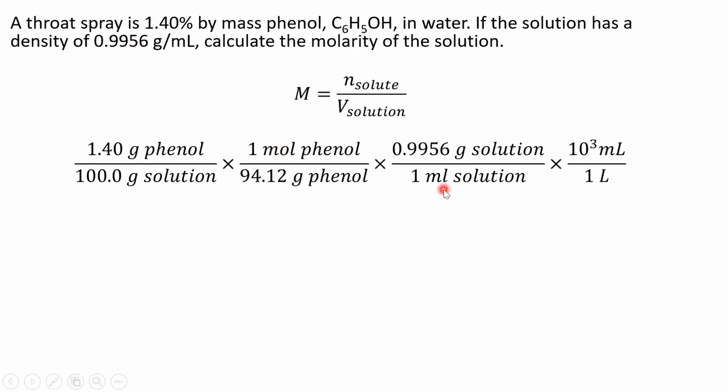That'll give us moles per milliliter. We want moles per liter, and there are 1,000 milliliters per liter. So 1.40 divided by 100 divided by 94.12 times 0.9956 times 1,000. And the molarity of the solution would be 0.148 moles per liter, or 0.148 M, or we'd say it's a 0.148 molar solution.